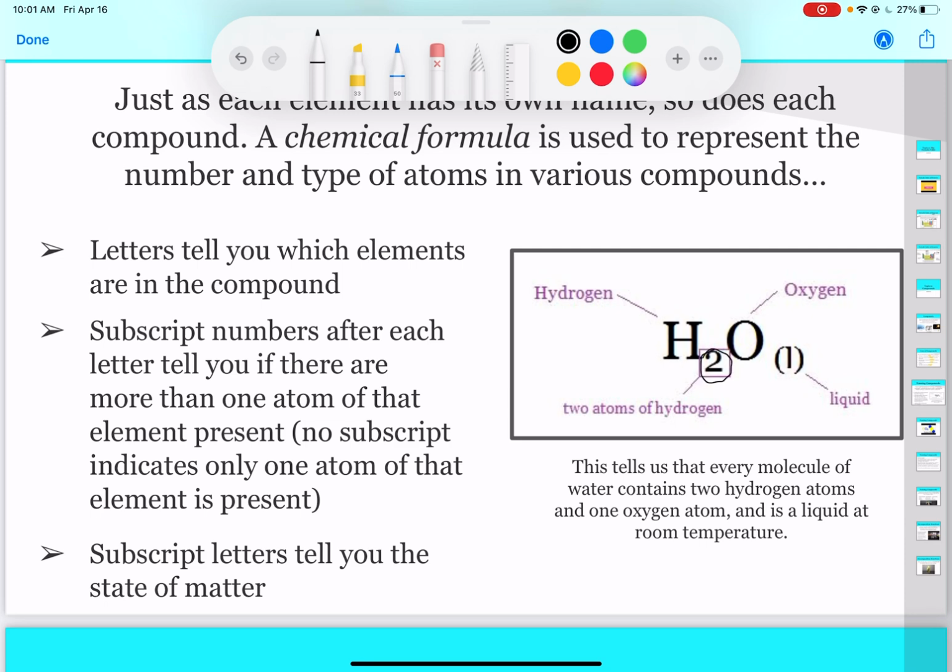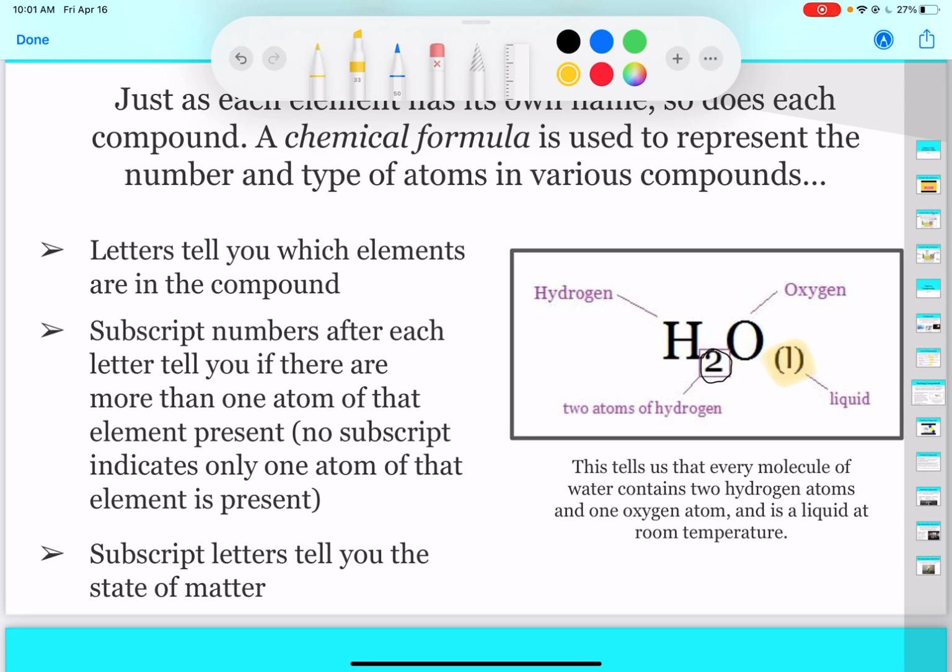Those are going to tell you how many of each of the atoms exist in the compound. Letters at the end tell you the state of matter. If you see the little letters at the very end in brackets, it might say L for liquid, S for solid, or G for gas.